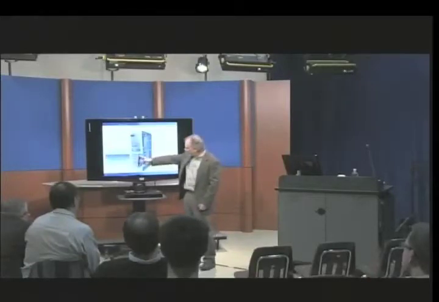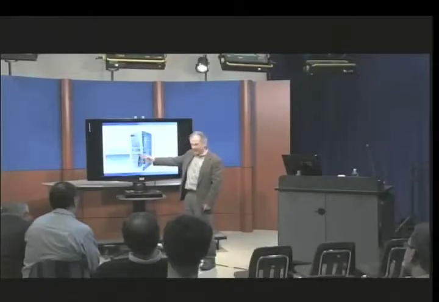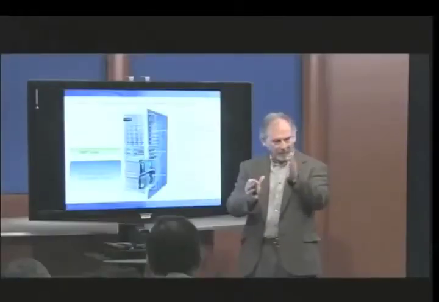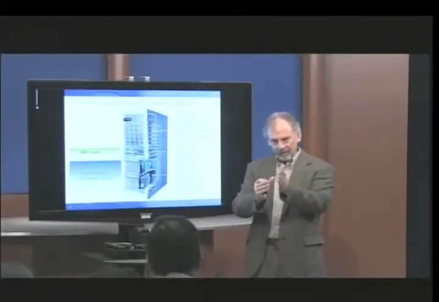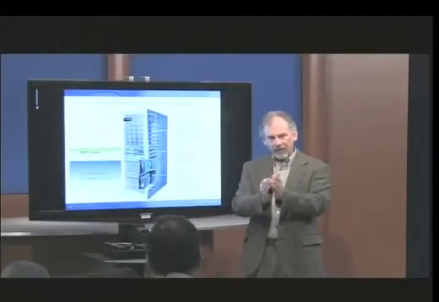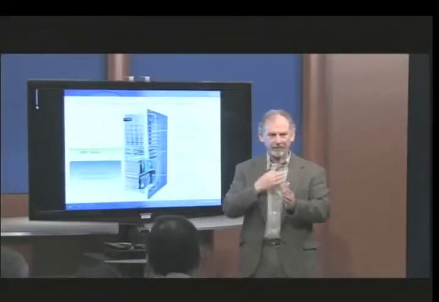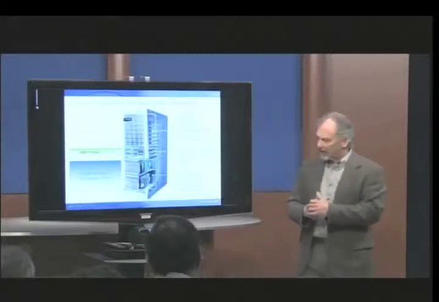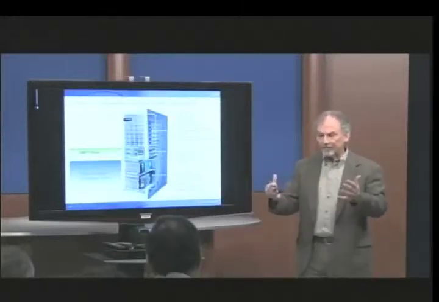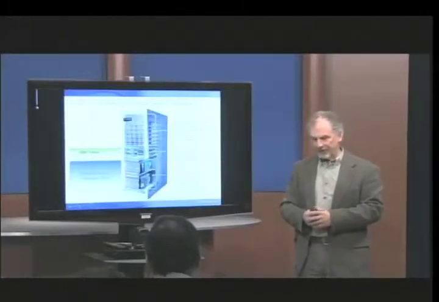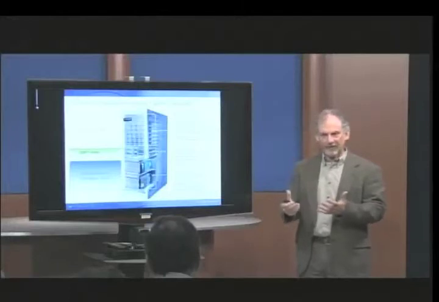Normally an x86 blade is a single wide blade, but these are double wide blades. In fact, they're called twin fins. They're on a hinge. So you have your x86 motherboard and all the stuff that goes with that in one blade. On the other blade, you have a bunch of FPGAs, or field programmable gate arrays. Is everybody familiar with FPGAs? An FPGA is a chip that has a lot of transistors on it, and those transistors essentially provide you logic gates or logic elements.